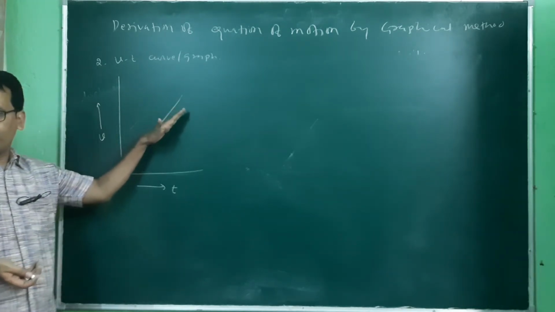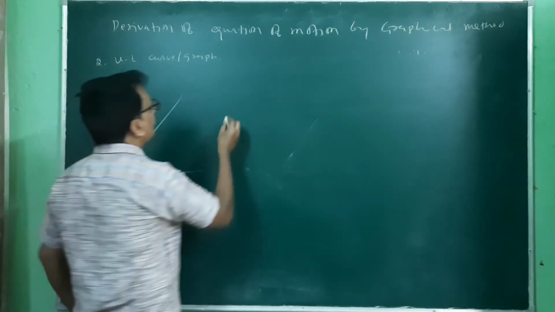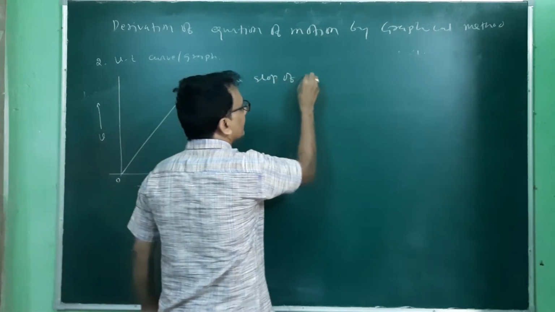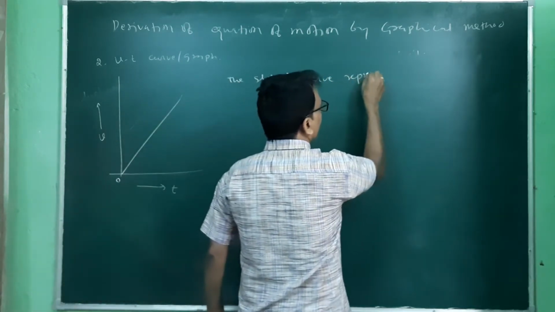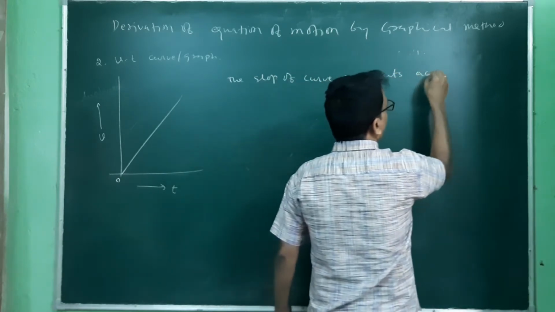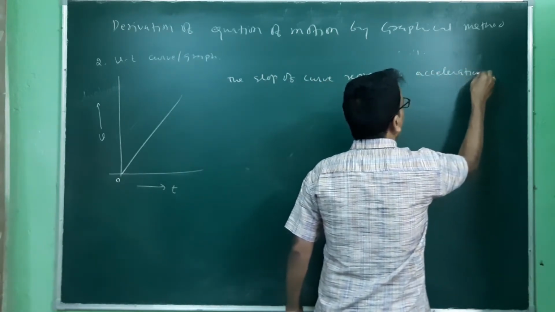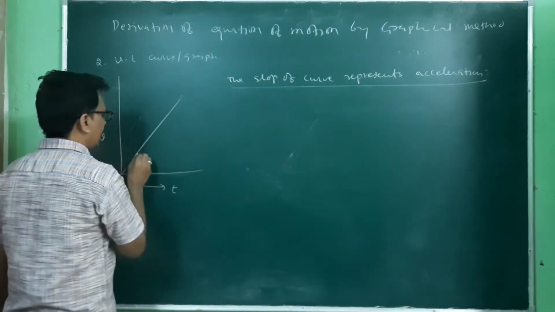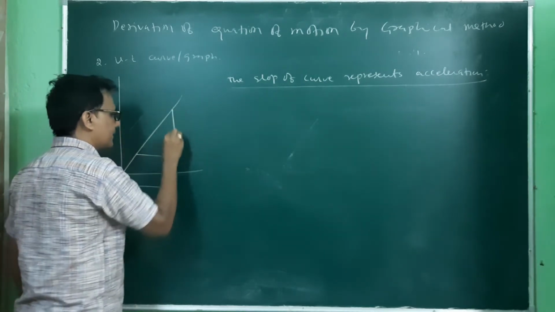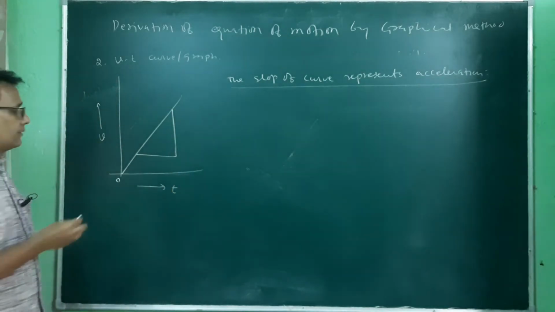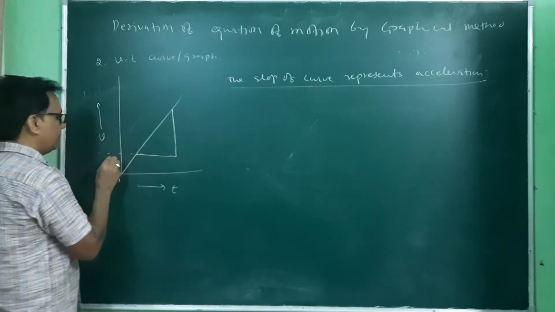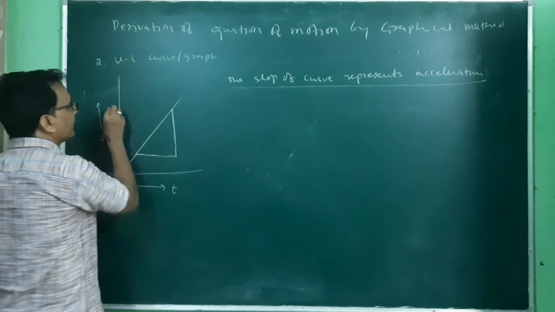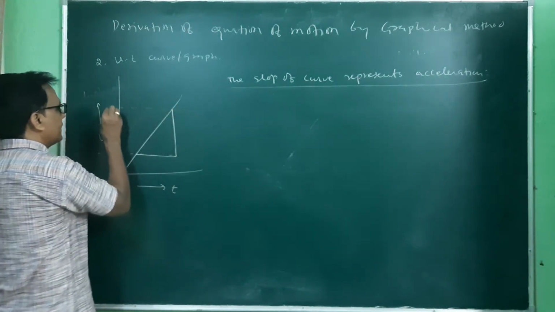So velocity is increasing. Here the slope of the curve represents acceleration. The slope of the curve represents the acceleration. We can calculate the slope in a similar method. Let's say the initial velocity we have taken as u, and the final velocity after time t is taken as v.